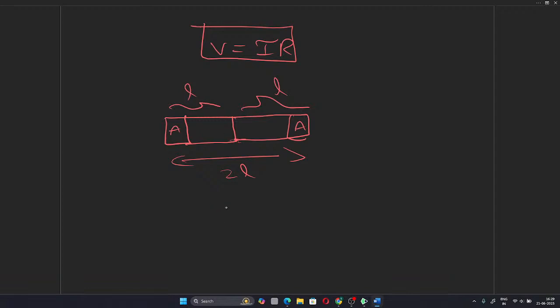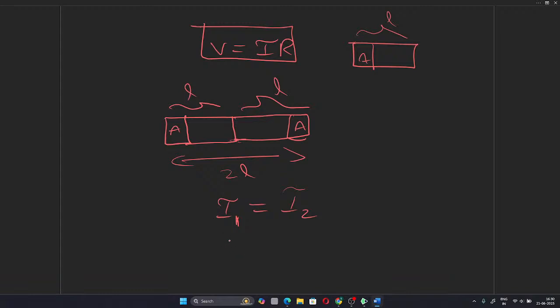In this case the current will be the initial current in the single B conductor with area A and length L. The current in both these conductors will be the same, and the area of cross section is the same. Now let's see voltage.